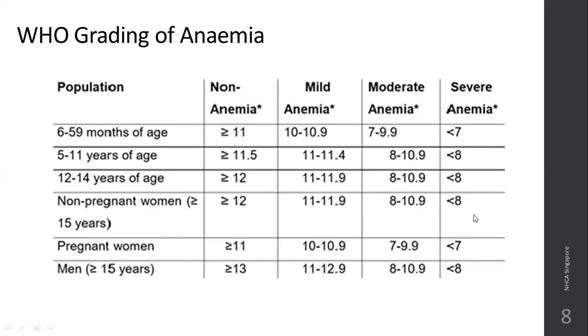Less than 8, severe anemia. In pregnant women, if the hemoglobin level is 11 or more, it is normal. But if it falls below 11, the pregnant woman is anemic. Men should have the highest amount of hemoglobin, and have to maintain a hemoglobin level of more than 13.